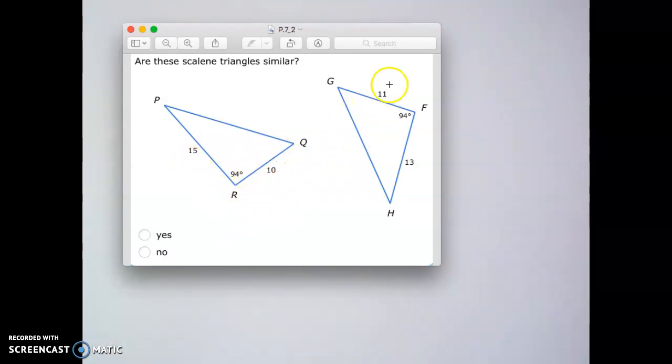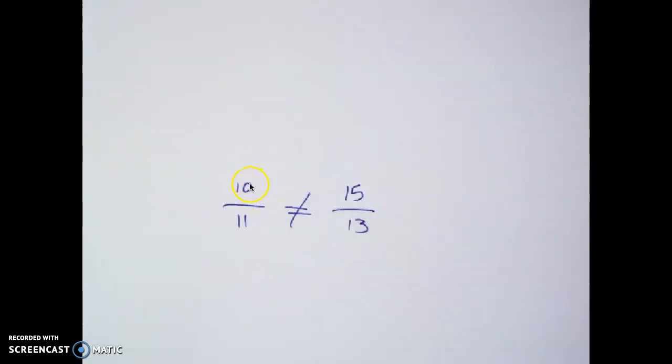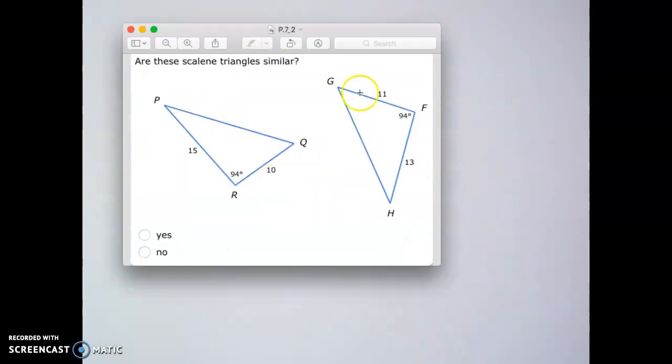Now the other part, remember, the sides must be proportional. So 10 and 11 would correspond, and then the 13 and the 15. So when I set up my proportion, we would have 10 over 11 and 15 over 13, lining up those corresponding sides. Obviously, 10 over 11 is not equal to 15 over 13. Those would not be corresponding. Those triangles would not be similar.